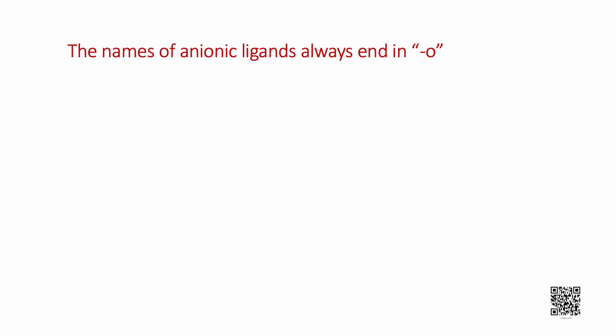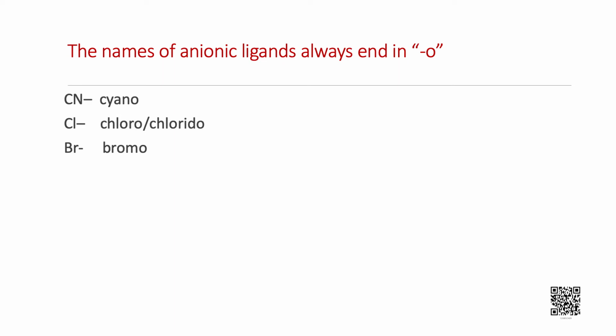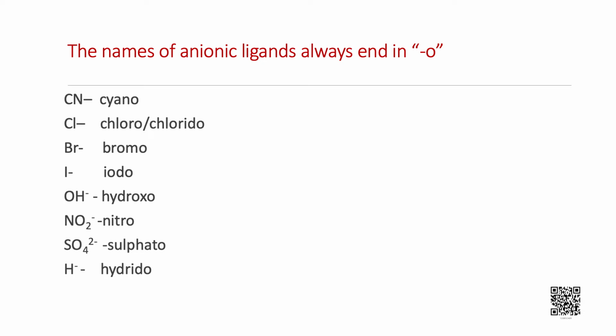The names of anionic ligands always end in O. For example, CN becomes cyano or cyanido, Cl becomes chloro or chlorido, bromide ion becomes bromo, I is called iodo, OH minus becomes hydroxo, NO2 minus is nitrito, SO4 2 minus is called sulfato, and H minus becomes hydrido.